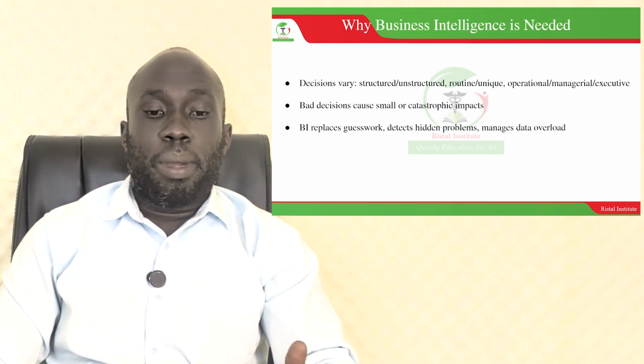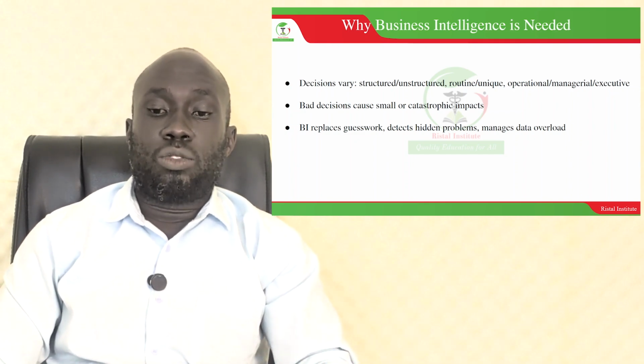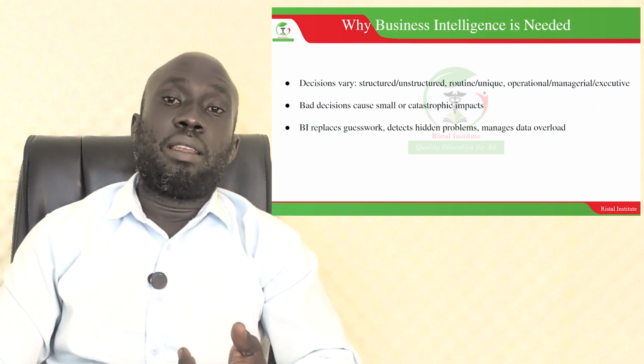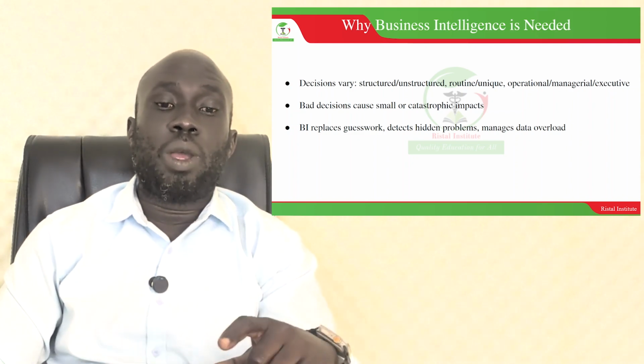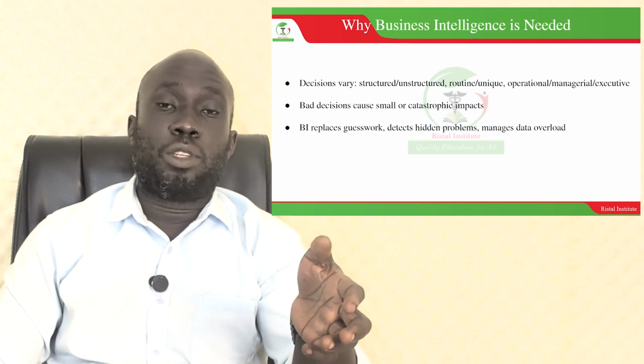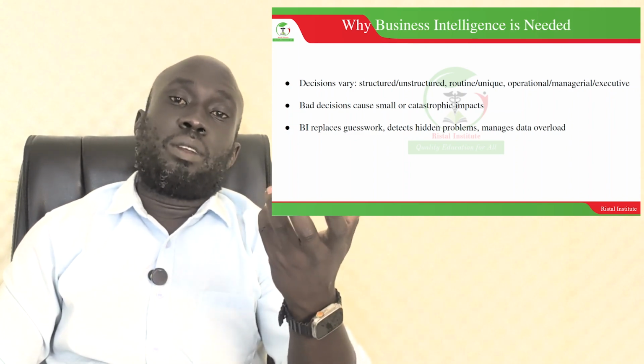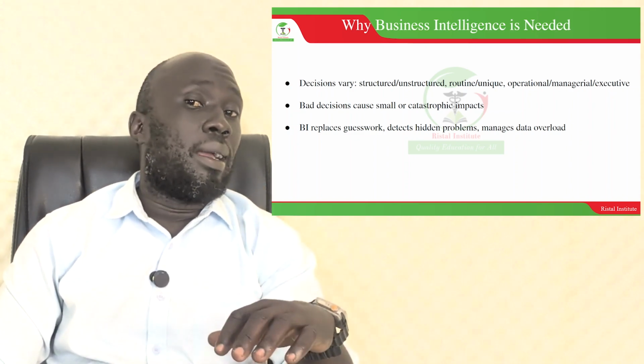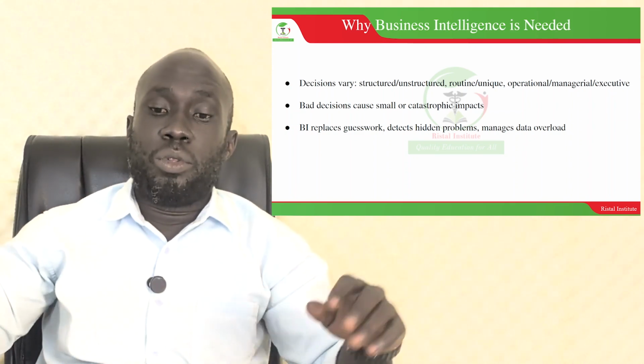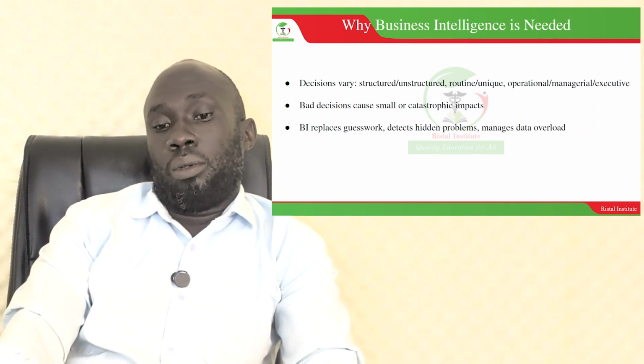Bad decisions cause small or catastrophic impacts. Taking bad decisions, or decisions that are not studied well, can affect your business. The effect could be very small, or it could be on a very huge scale.